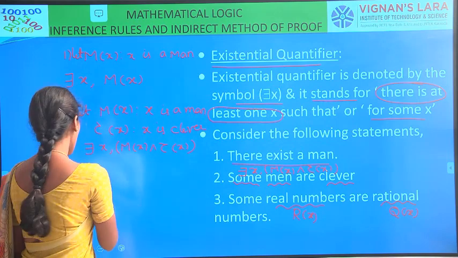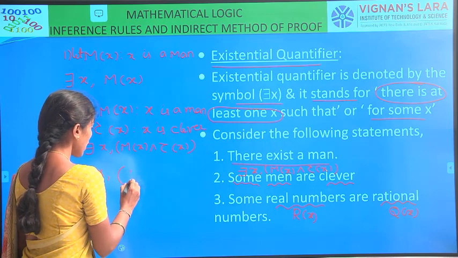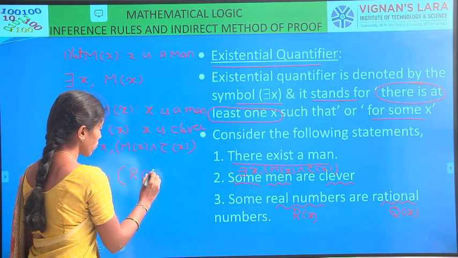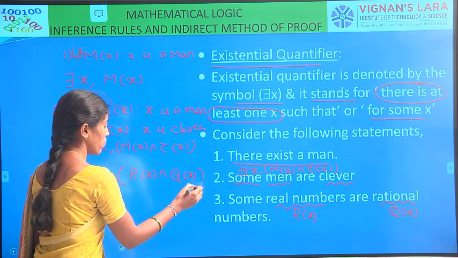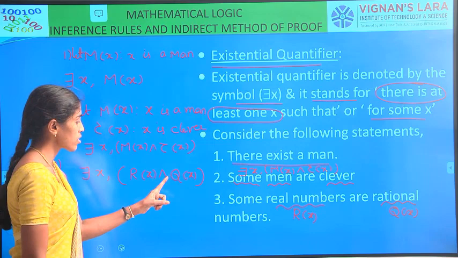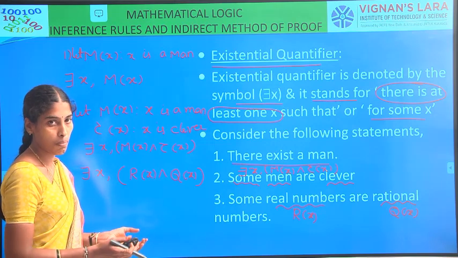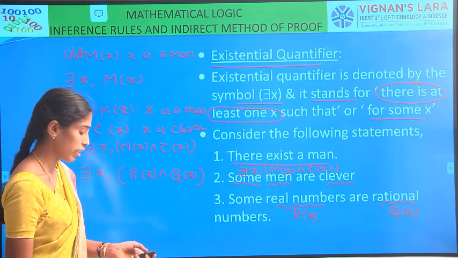So there exists x, x is a real number and x is a rational number, right? So there exists x means this property is not true for all the numbers. For some numbers only this property is valid.